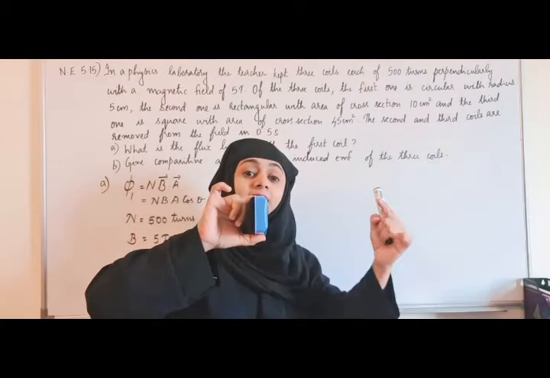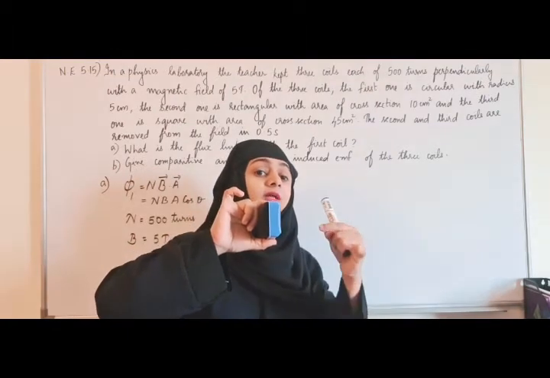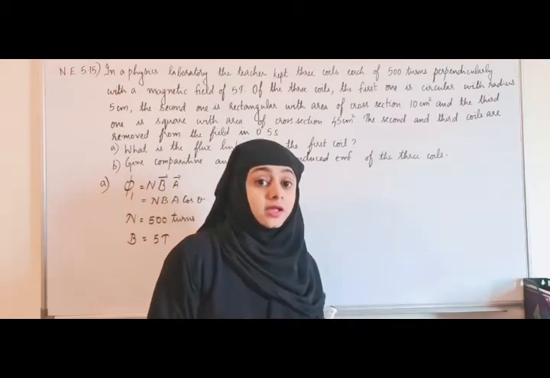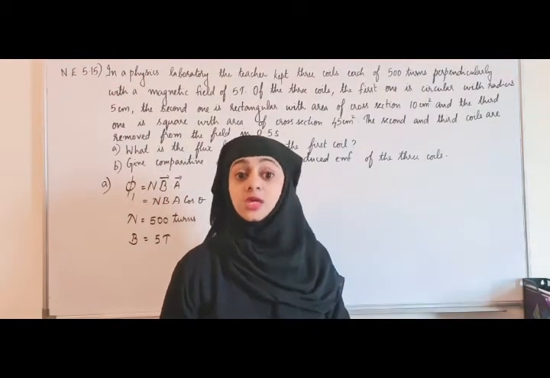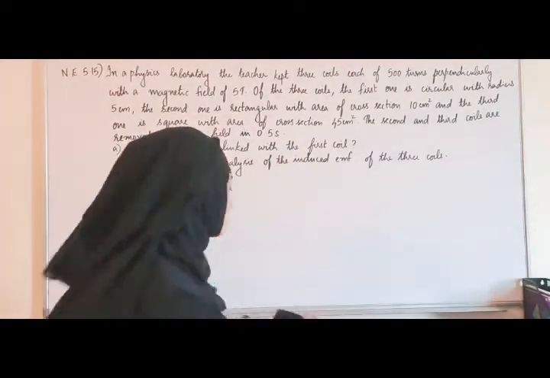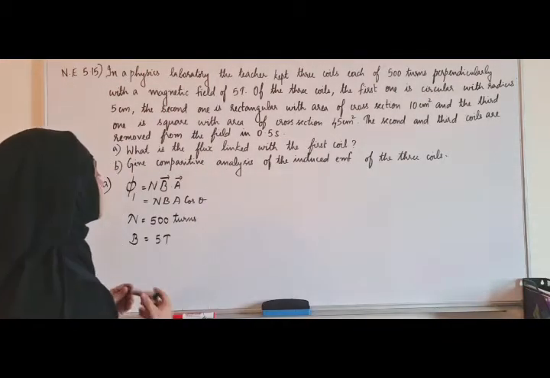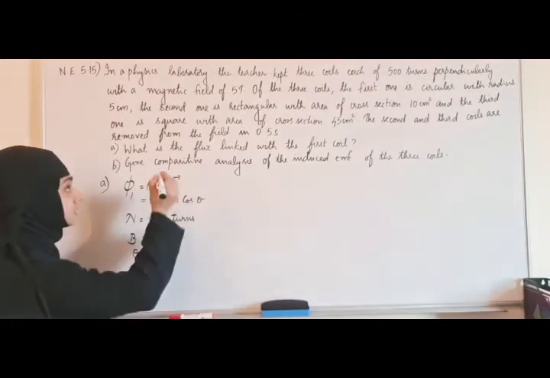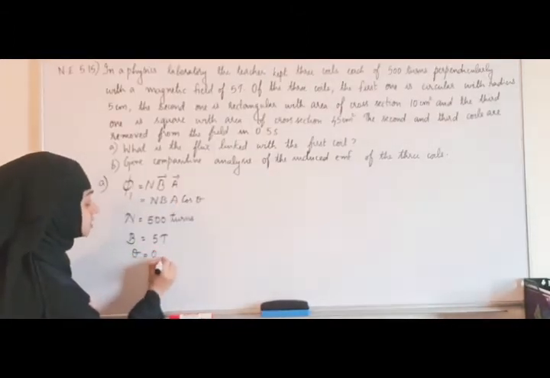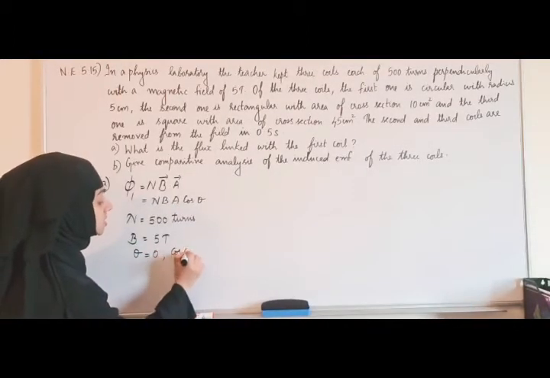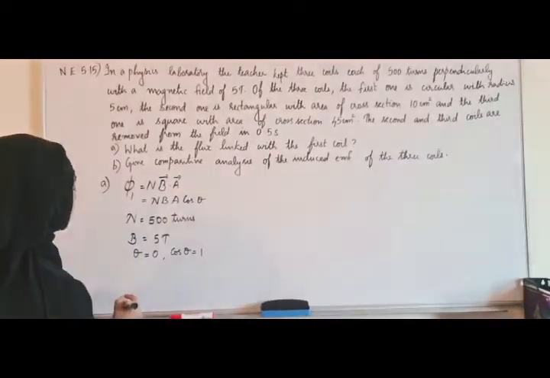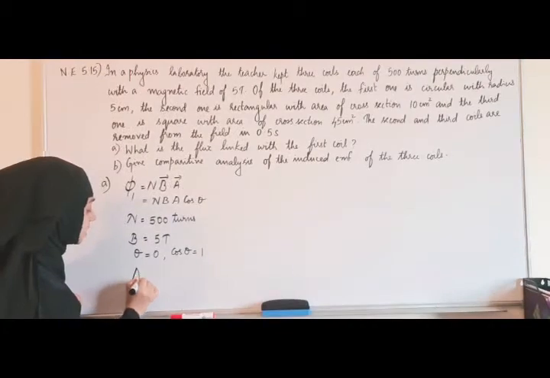So both the magnetic field and the area vector are in the same direction, and we can take the angle between them as 0. So theta is equal to 0, which is also implied by the statement, which means cos theta will be equal to 1. Cos 0 is 1.